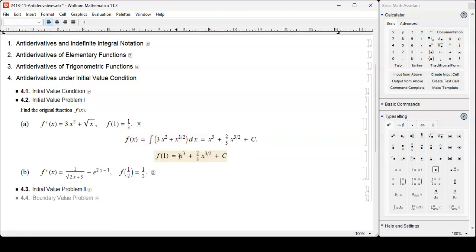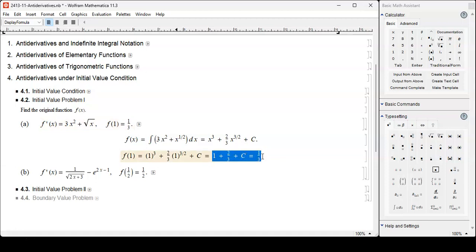This is 1 to the 3rd power, and this one is 1 to the 3/2 power. So what do you get? 1 plus 2/3 plus c is, you see, f of 1 is 1/3, so that's equal to 1/3.